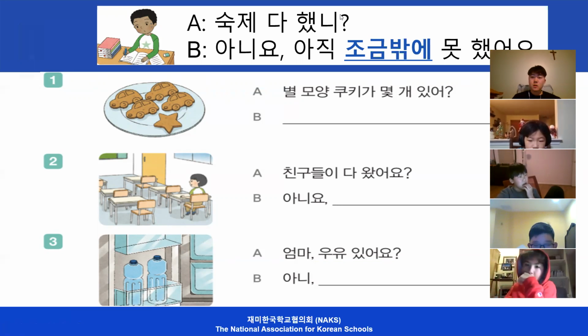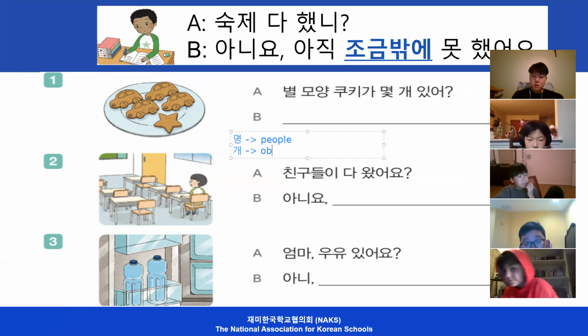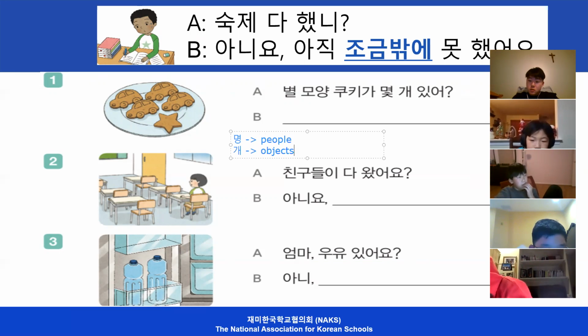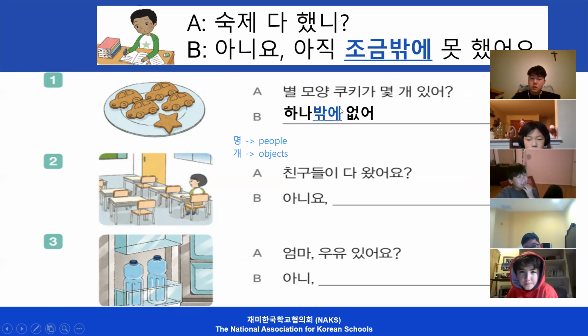Okay, so to clarify, 명 is referring to people. 개 is referring to specific objects, such as number one right there, okay? So now I'll say the sentence again. 한 개밖에 없어요. Yeah, good. Or you can say 하나, same thing.